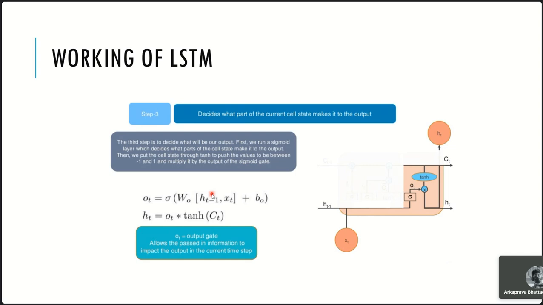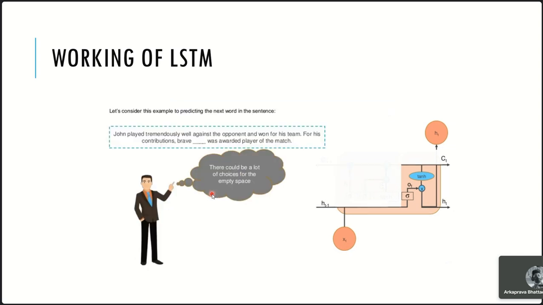So let's see how this output gate works. Let's consider an example of predicting the next word in a sentence. The sentence is: John played tremendously well against the opponent and won for his team. For his contributions, brave blank was awarded player of the match. You need to predict the word that fills the blank.